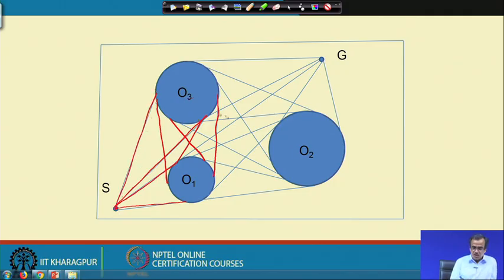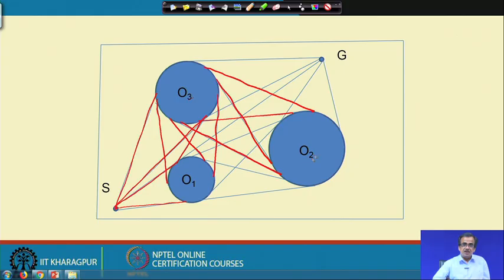And between these two obstacles, I can find out the tangent something like this. So, this is one tangent, this is another tangent, then we get another tangent here, we get another tangent here.